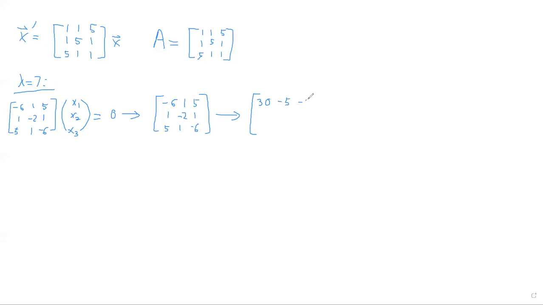Okay, and 5 times -5 is -25. Okay, 1 times 30 is 30. Then row 2 would be 30, -60, 30. You multiply everything on row 2 by 30. And you multiply everything on row 3 by 6. So this is also 30. 5 times 6 is 30. And -6 times 6 is -36.